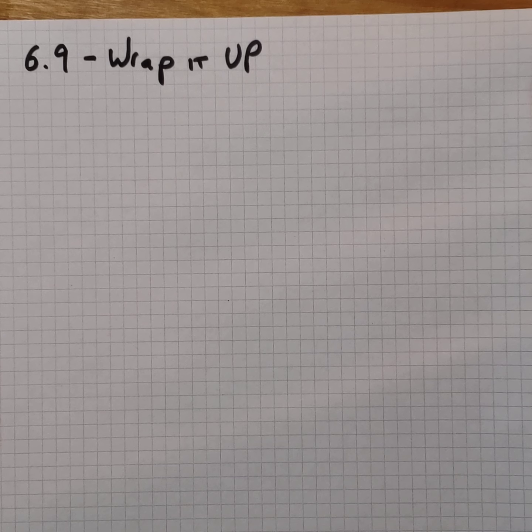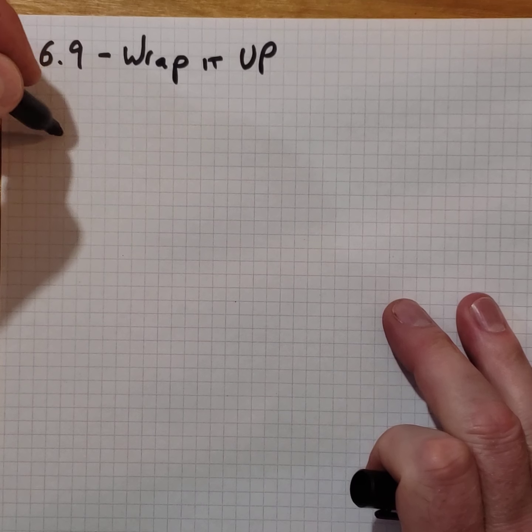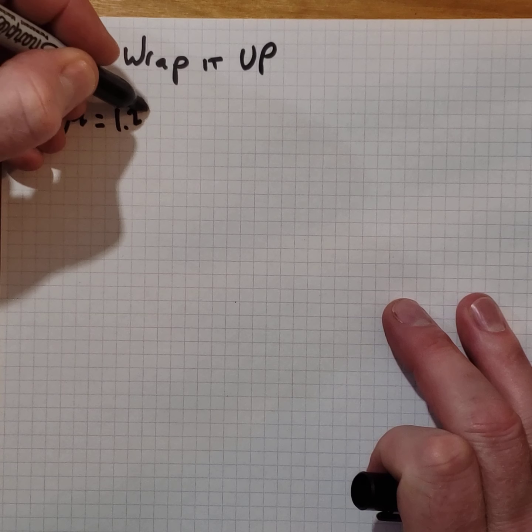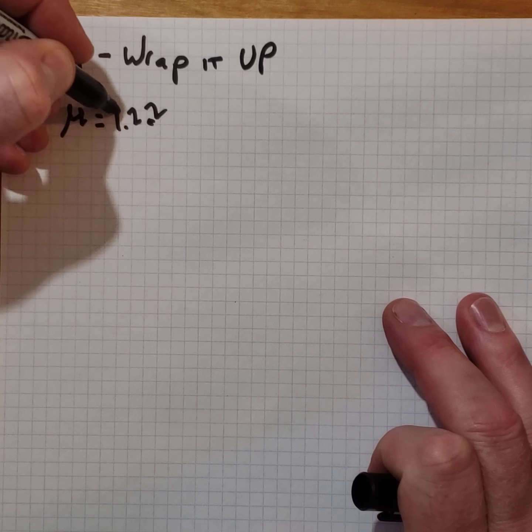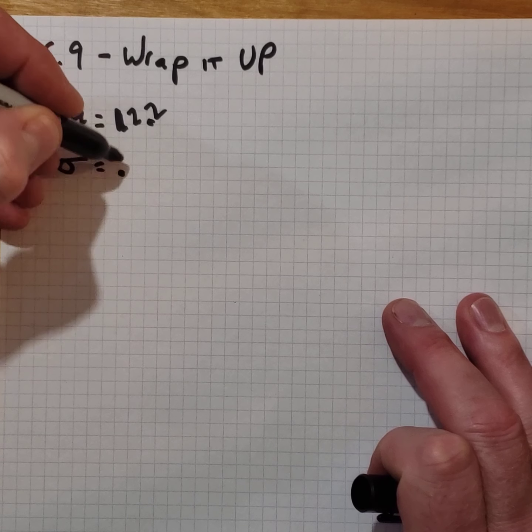Well, first of all, mean or proportion. They claim that the average length of a foot-long sub is 12.2 inches. That's an average, that's a mean. So we're going to be using either a z-test or a t-test. Their claim is that the population has a mean of 12.2, and their claim is the standard deviation is 0.2.